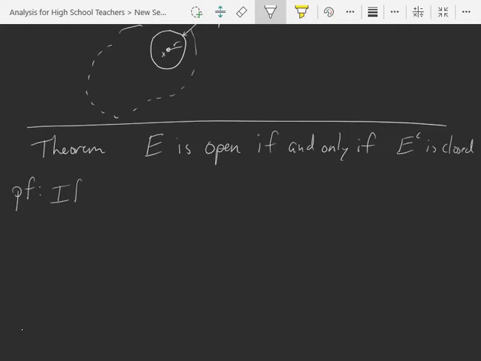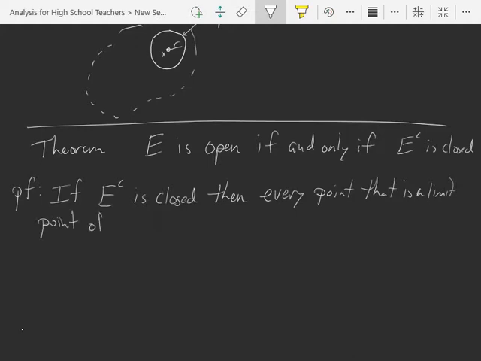If E complement is closed, then every point that is a limit point of E complement is contained in E complement.